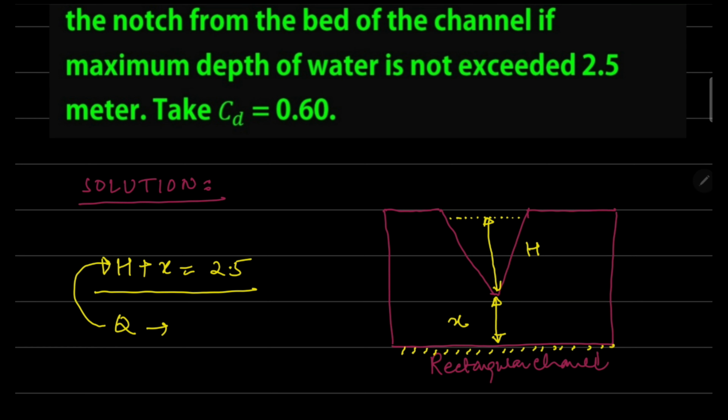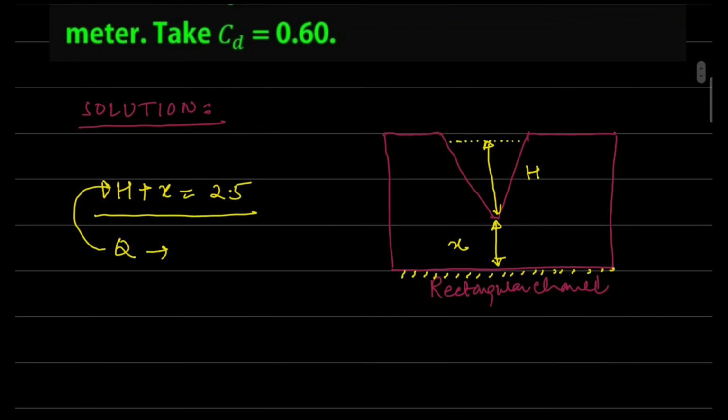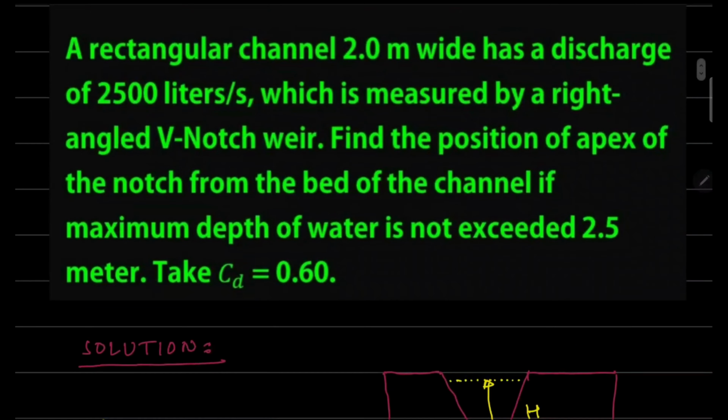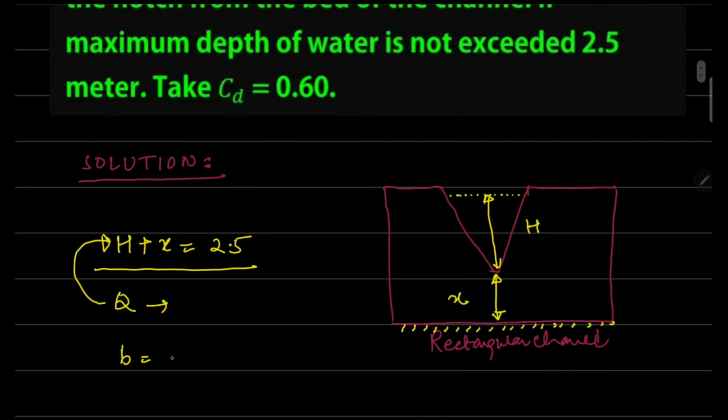Corresponding to Q, you can get what h should be, and then you just subtract the h value from the 2.5 meters. You will be able to figure out x, which is required from this question. So let's start with this one. The channel width is given, rectangular channel width B is equal to 2 meter, which is not required anywhere during the solution of this problem.